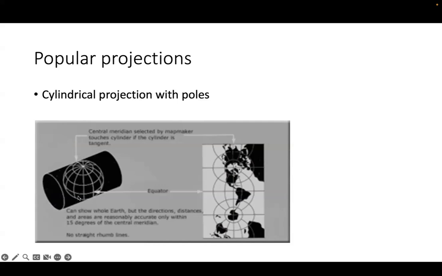But places at the equator get distorted. You can see here that Africa got very big. So this is the problem. Each country, depending upon its location, chose its cylindrical projection in the olden days.